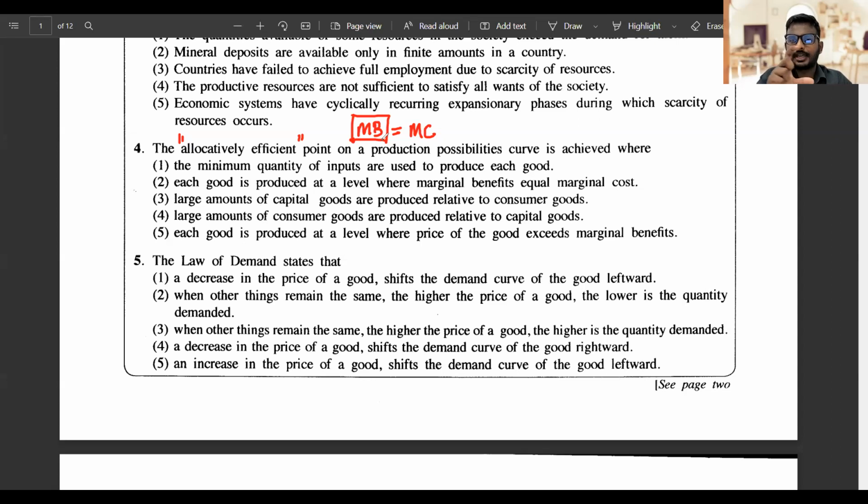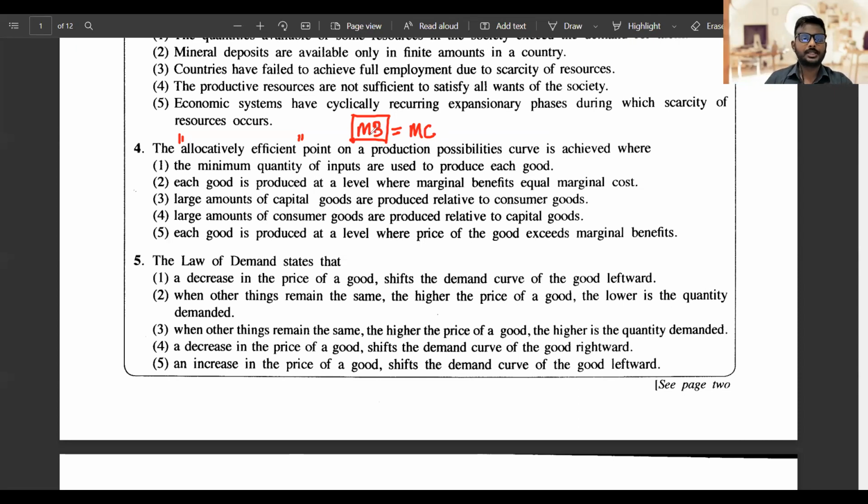Marginal benefit is simply the value the consumer gets from the product, pretty much the price. It should be equal to the cost of producing that particular good, the marginal cost. To produce that particular good, how much cost was incurred, that is marginal cost. So when these two become equal, the value the consumer gives to the product equals the value the producer has spent to create the product.